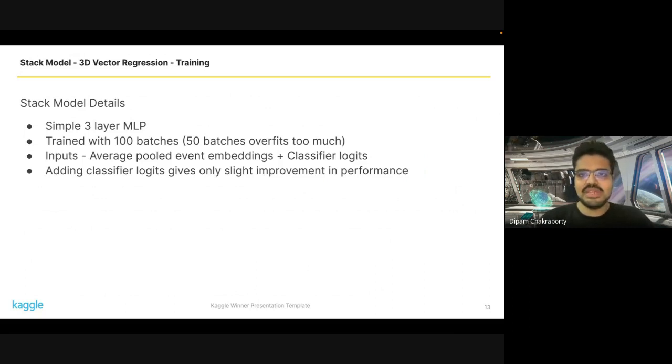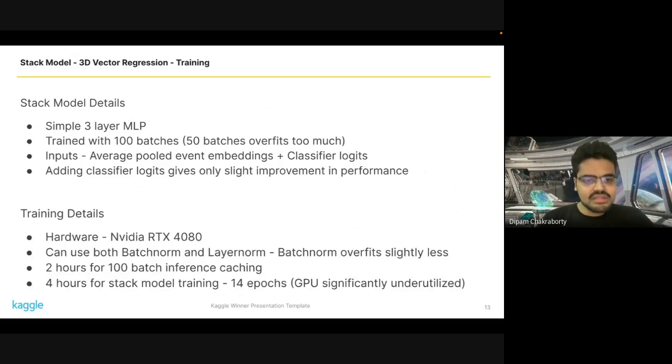But it reaches pretty much a bit better than what the original classifier was able to reach. I use the same hardware, and it takes only about 4 hours to train, and 2 hours to actually cache everything. So I just dump a lot of batches, the outputs of the encoder, and then I use that to train instead of training the whole thing end to end.